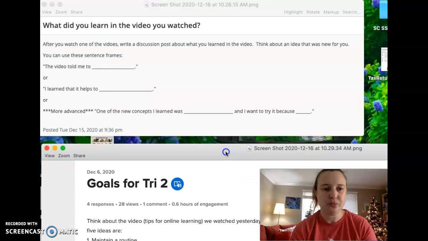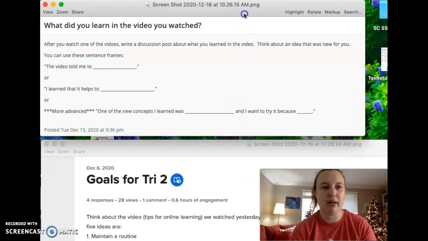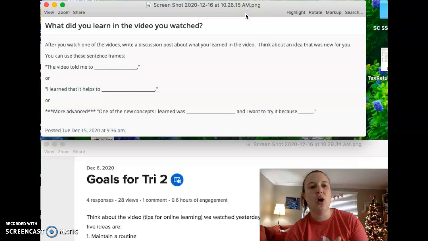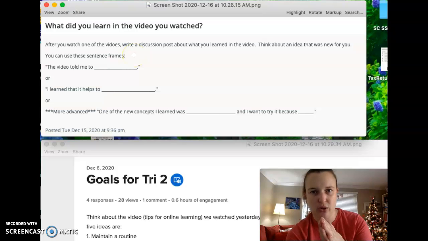For example, in my class right now, we're setting some goals for the trimester. So I had the kids watch a video, then I'm having them write a discussion post, okay? So when you have them do a discussion post, it very much helps the English language learners in your class if you give them a sentence frame.